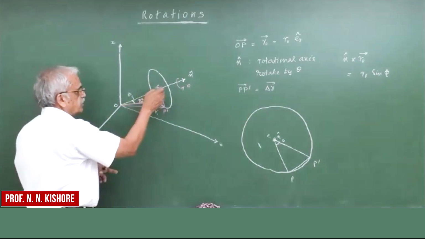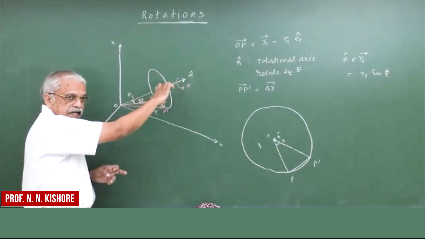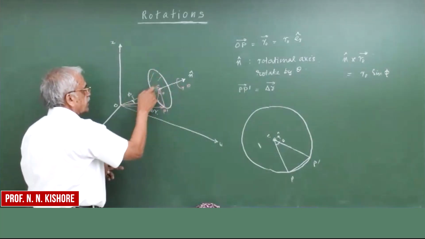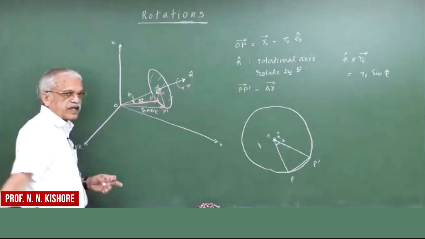If you imagine that this plane of the circle is perpendicular to this line, then this angle is 90 degrees.